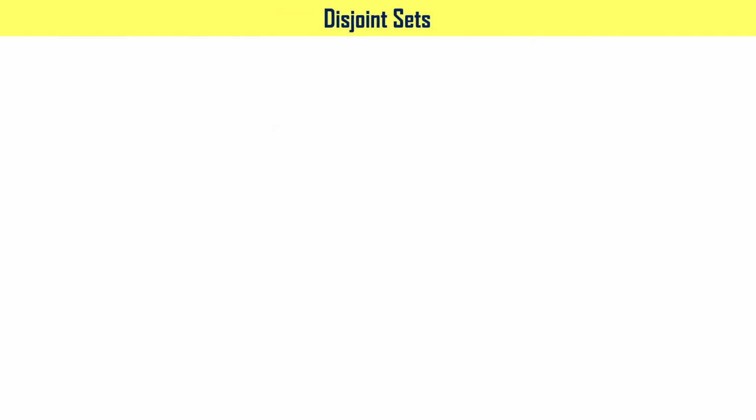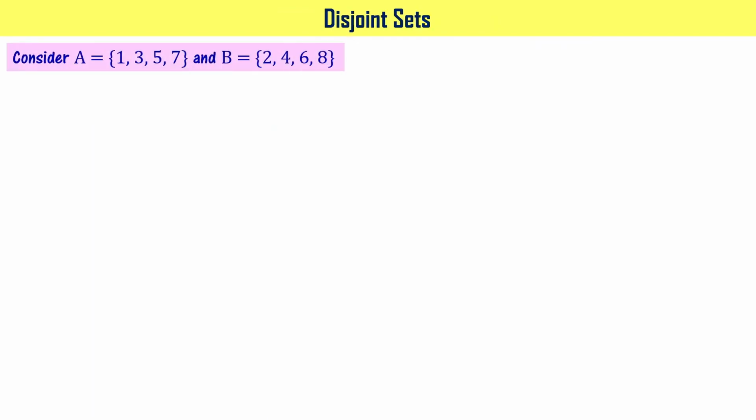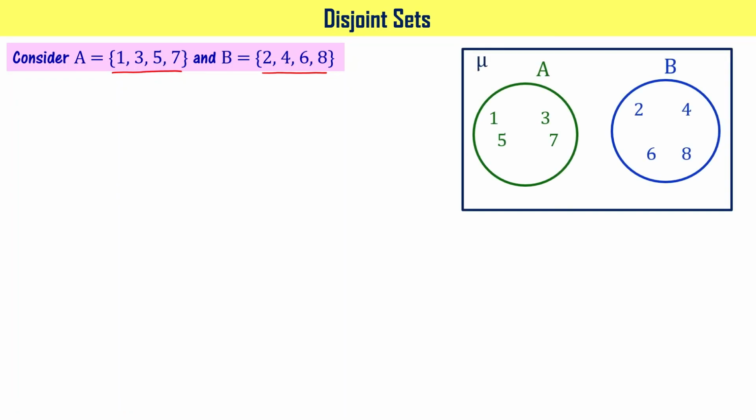Let's learn that. Let us consider two sets, set A that has elements 1, 3, 5 and 7, these are odd numbers, and set B that has elements 2, 4, 6 and 8, those are even numbers. These two sets we can show using a Venn diagram.